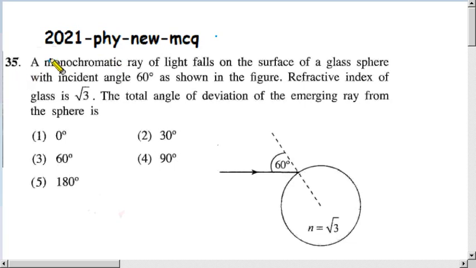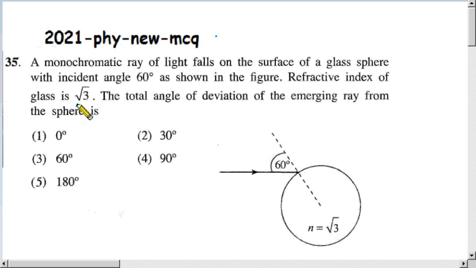Children, today I am going to discuss question number 35 from the MCQ part of 2021 Physics New Syllabus paper. A monochromatic ray of light falls on the surface of a glass sphere with incident angle 60 degrees as shown in the figure. So this angle is 60.